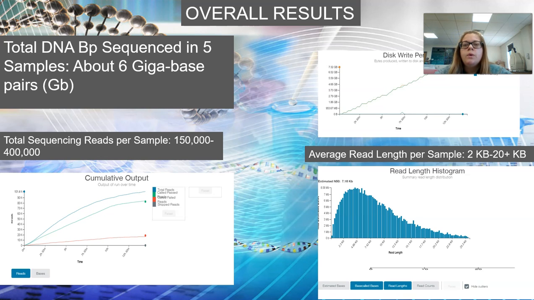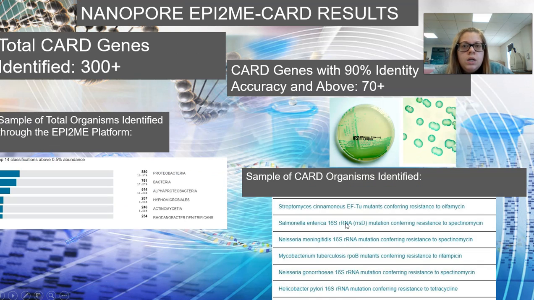The total sequences that were read per sample were between 150,000 and 450,000 reads, and then we also had an average read length in this bottom right corner, and this just shows how long each length of the DNA was, and the average was between 2 to 20, as you can see down there.